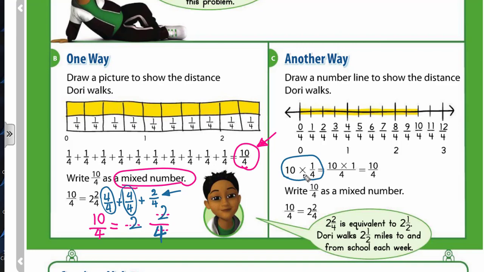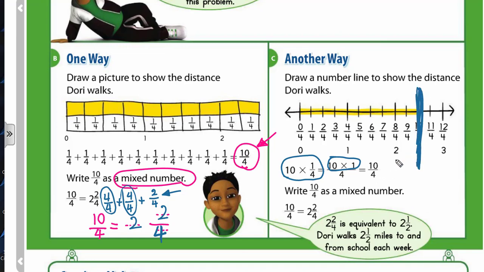Do you remember yesterday when we wrote 1/4 plus 1/4 plus 1/4, and after that we said, oh, we are repeating the numerator, so we just need to multiply the numerator by 10. So it's 10/4. On the number line, this is 10/4.